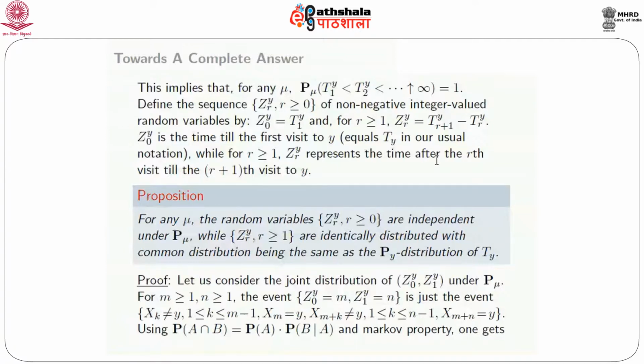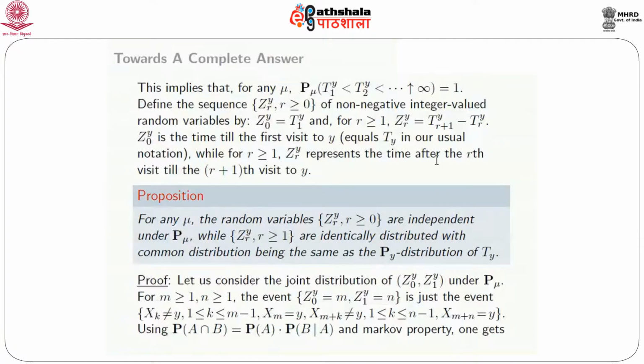We were supposed to calculate the P_mu probability of this. So to calculate the probability of this long complicated event, it's very simple. Use the fact that probability of A intersection B is probability of A times probability of B given A. The A and B to be used in this particular case: A would be X_k not equal to y for k up to m minus 1 and X_m equal to y. That would be the A part, and the B part would be what remains.